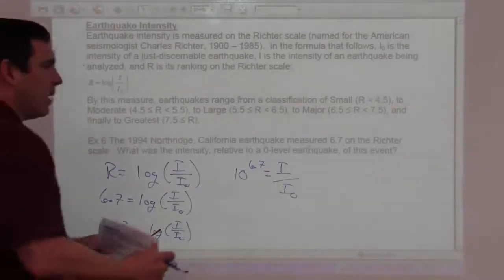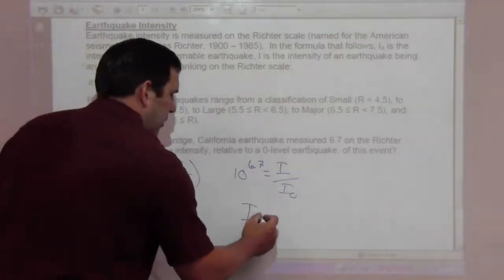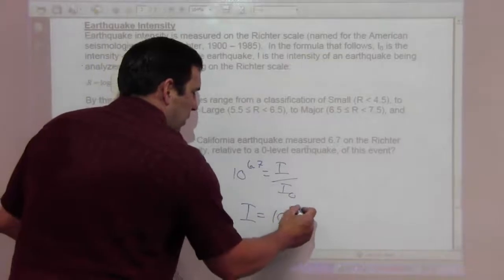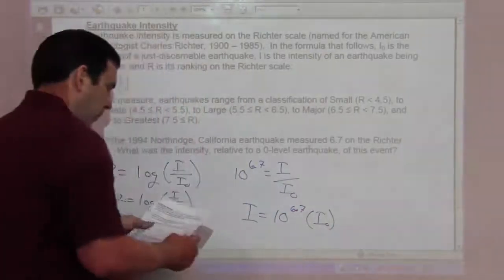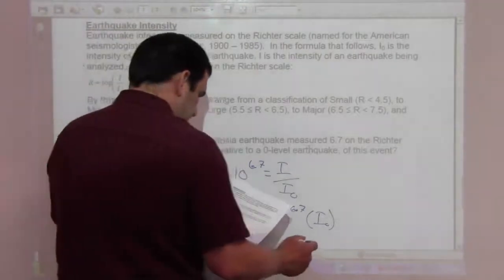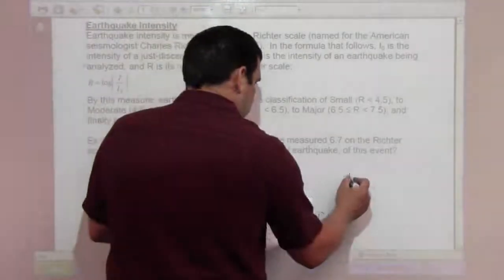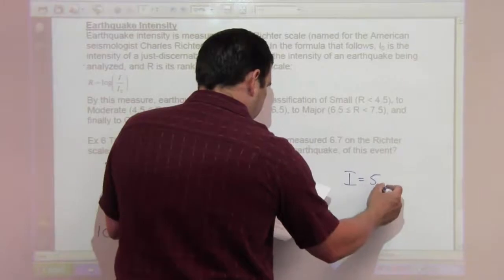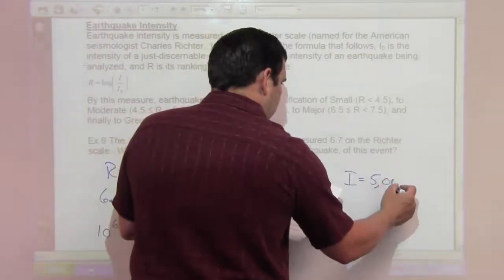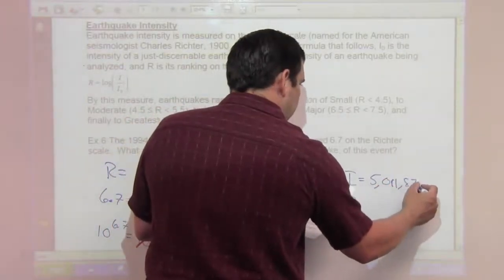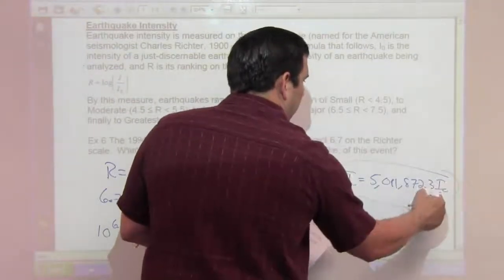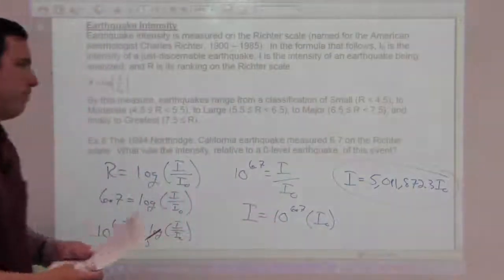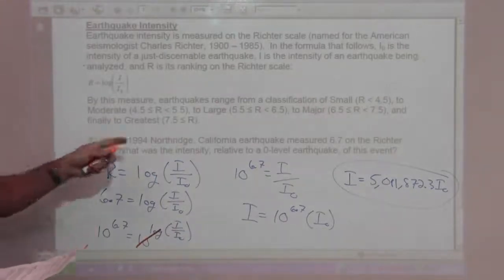We want to solve for I, so I equals 10 to the 6.7 times I naught. And that would be 5,011,872.3 times the intensity of a barely discernible earthquake. That's how much more powerful that one was.